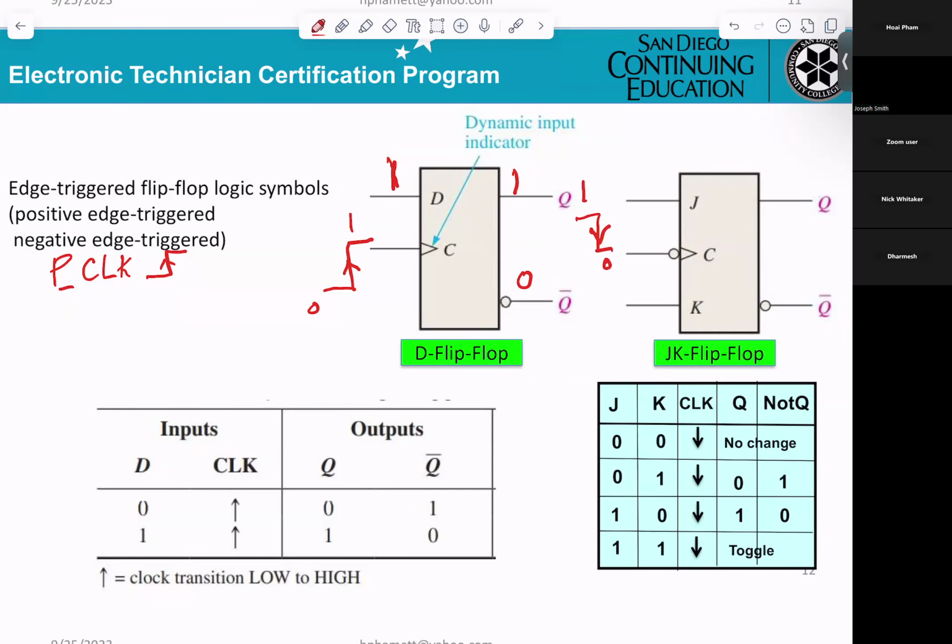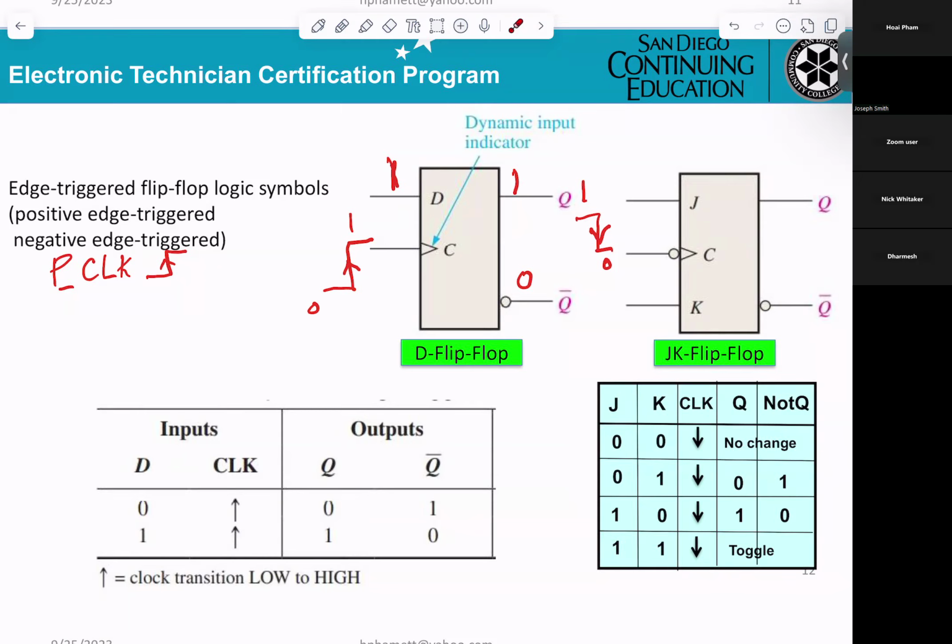And you get the truth table here. If J equals 0, K equals 0, you get the clock going high to low, the output will be no change.